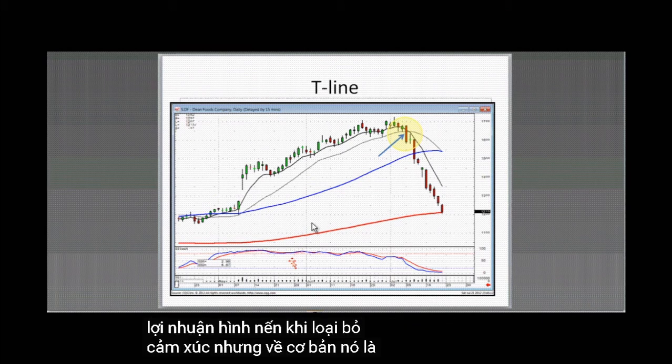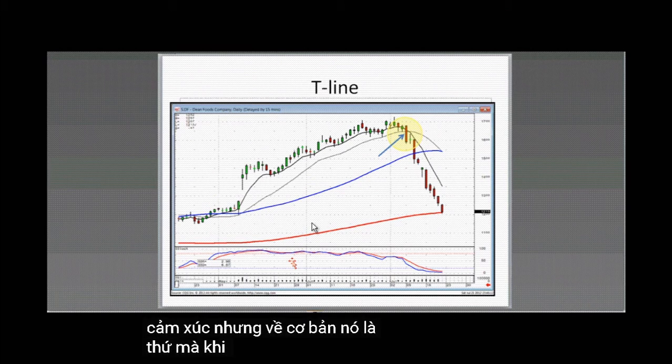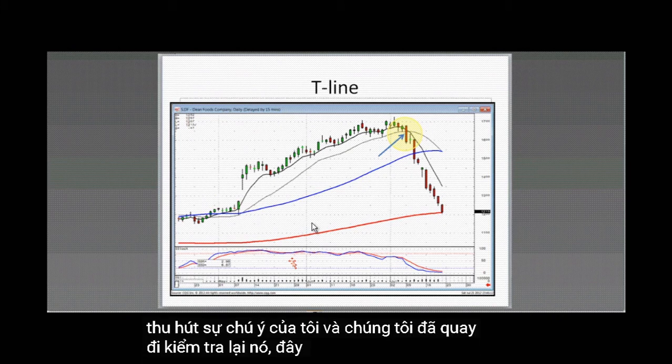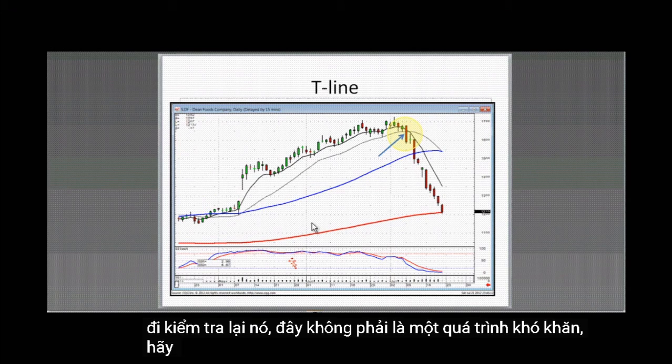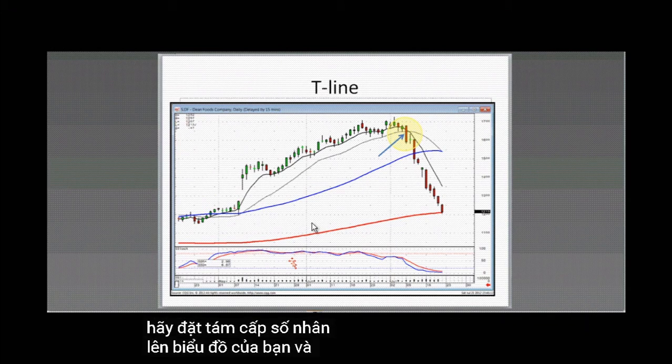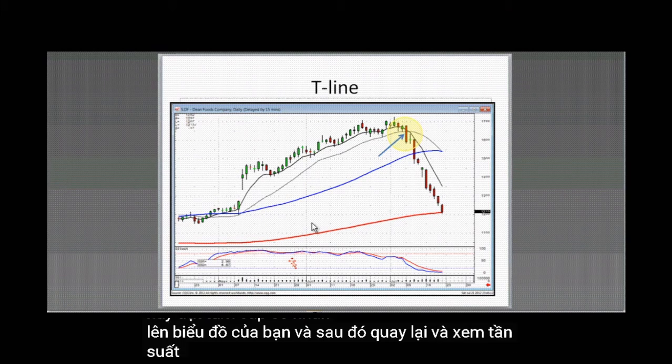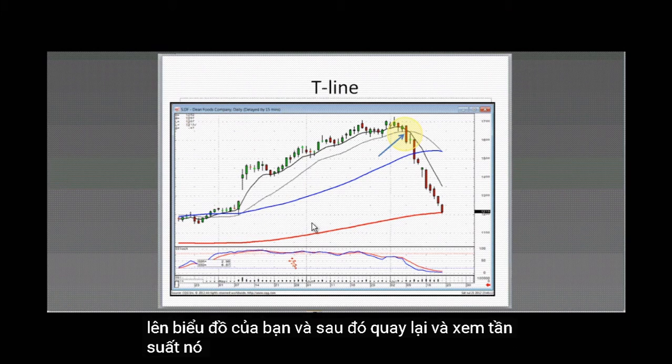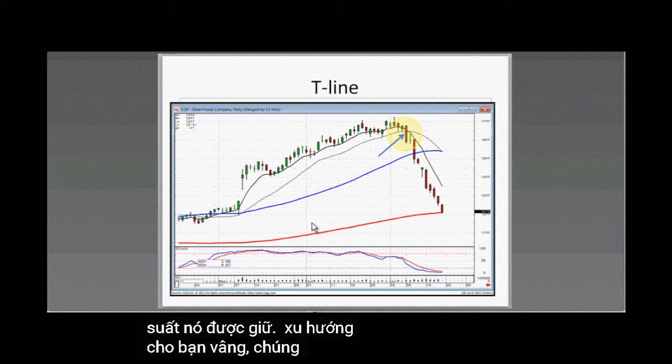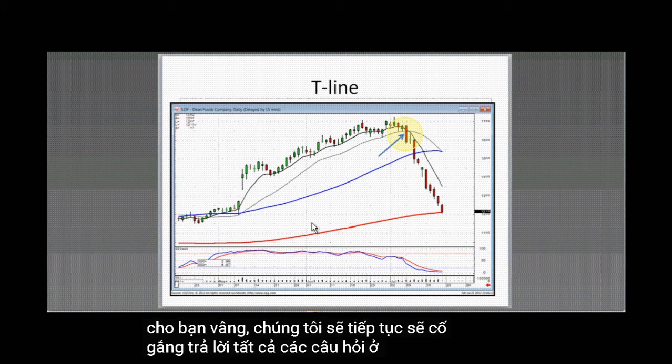But essentially it was something that once Rick brought it to my attention and we went back and back tested it, which is not a difficult process. Put the 8 exponential on your charts and then go back and see how often it holds the trend for you. Yeah, we'll try to answer all the questions at the end.